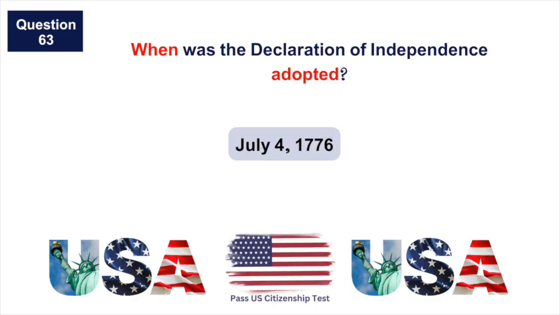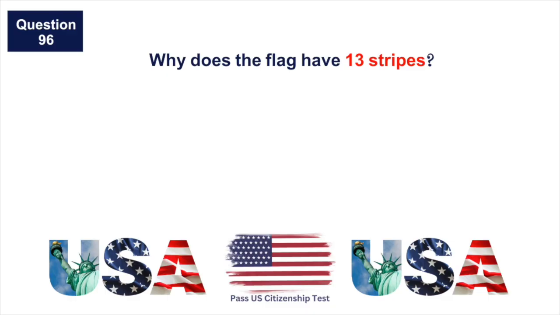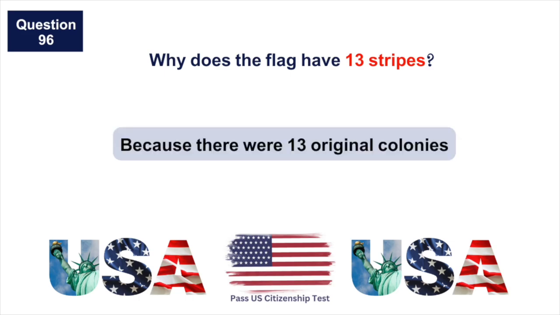July 4, 1776. Why does the flag have 13 stripes? Because there were 13 original colonies.